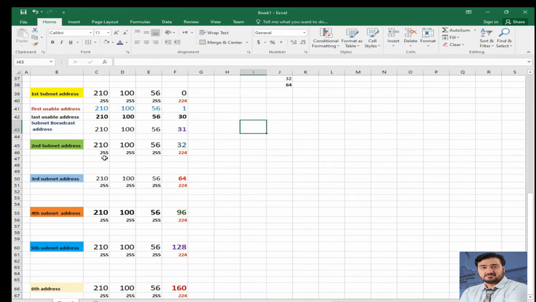Now for the second subnet, what is the first usable address of this second subnet? First usable address, 210.100.56. What is the first usable address here? Tell me please. Yes, anyone?